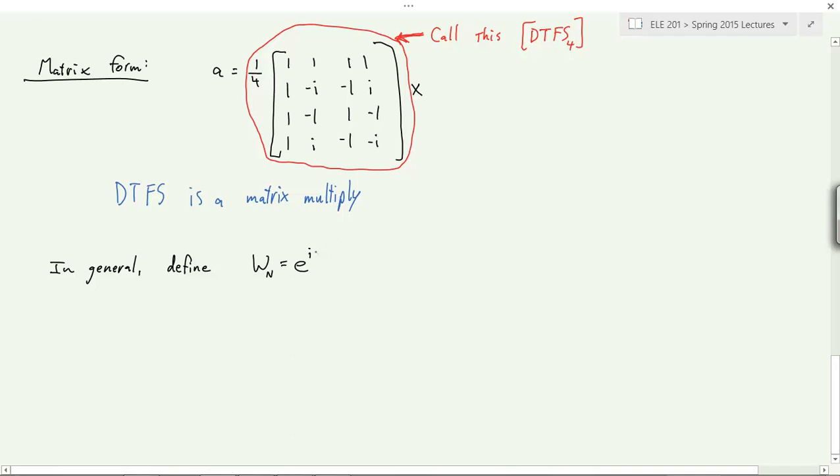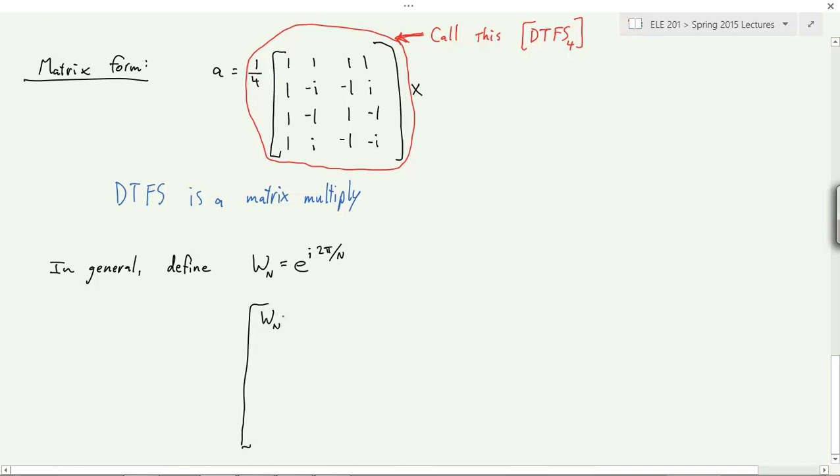It's just e to the I 2 pi over capital N. Okay, so it's one of the Nth roots of 1. All right, it just goes a phase of 2 pi over capital N on the unit circle. That's what this number is. The reason I define that number is simply to express a matrix without so much clutter.